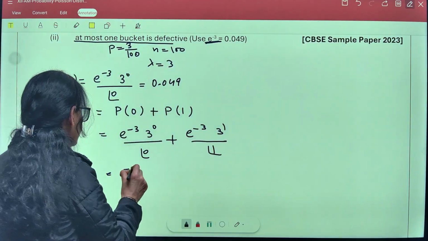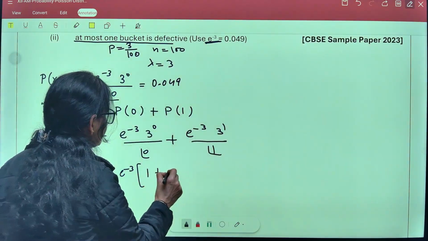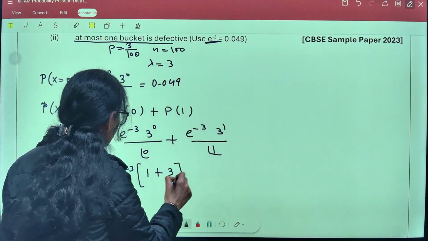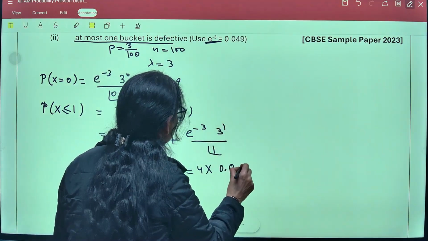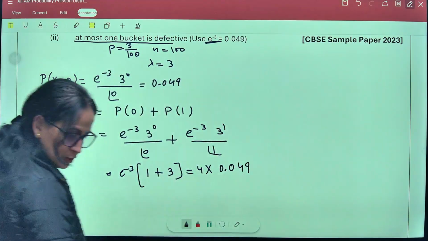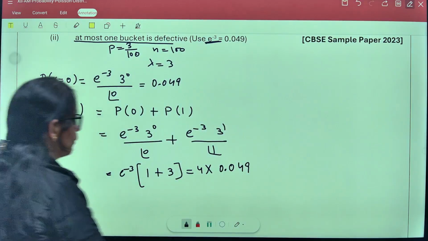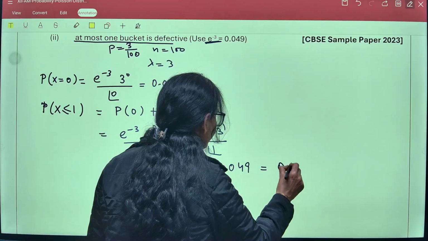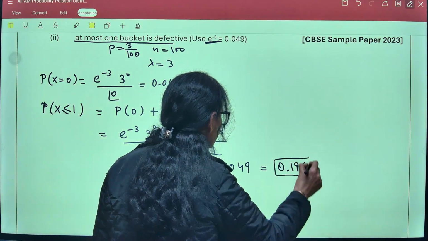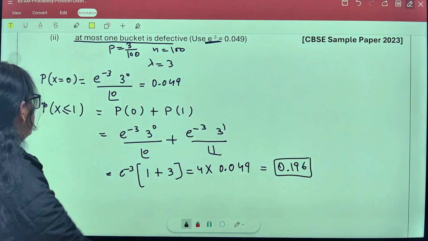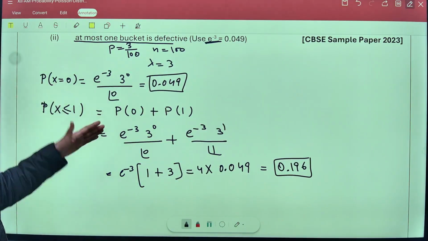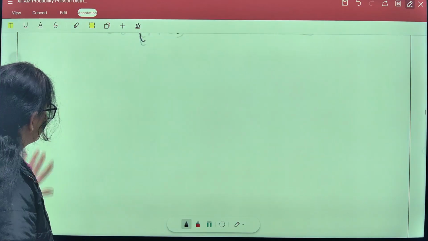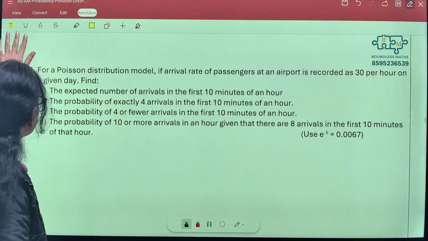Take e raised to power minus 3 common out. You have 1 plus 3. So that becomes 4 times the value that is given to you in the question, that is 0.049. And if you calculate this, it comes out to be 0.196. So this is the required probability. Always highlight your answer for all the parts. So there were 2 parts and we've done that. Okay, so let's move to the next question.